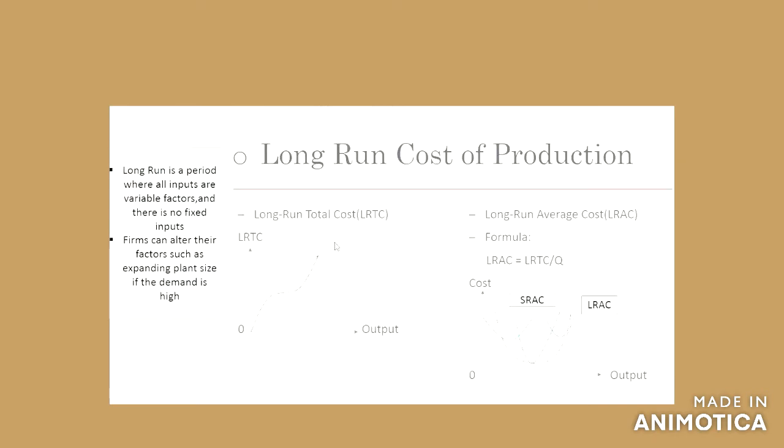So next we move to long run cost of production. As we know, the long run is a period where all inputs are variable factors. It means there are no fixed inputs in the long run cost of production. Firms can alter their factors, such as expanding plant size if the demand is high.